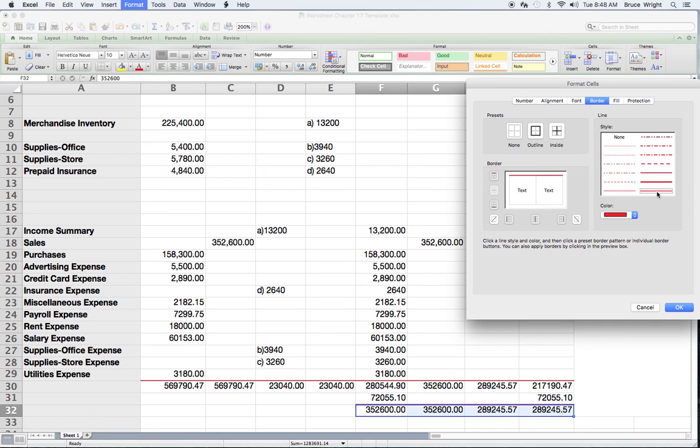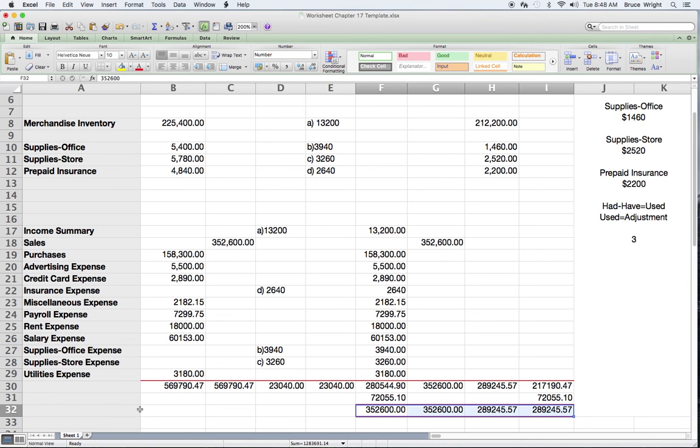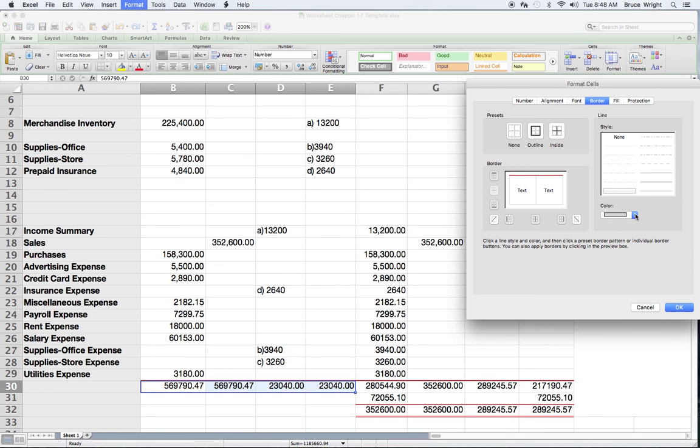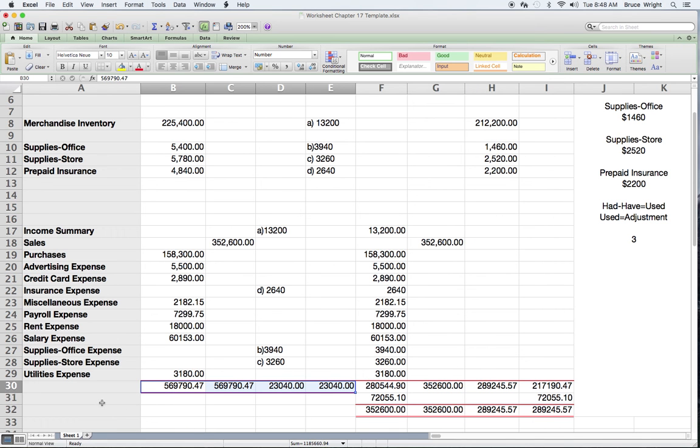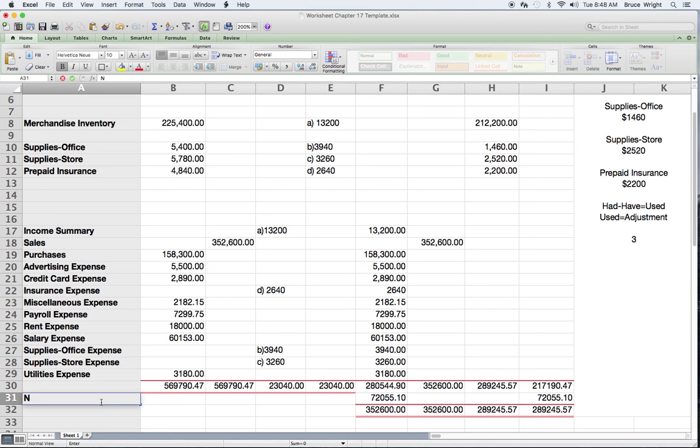You want to double. And that gives you your red there, your double there. Again, Format, Cells. Make sure it's red. Do the double, put it there. And then we have to write in net income here.